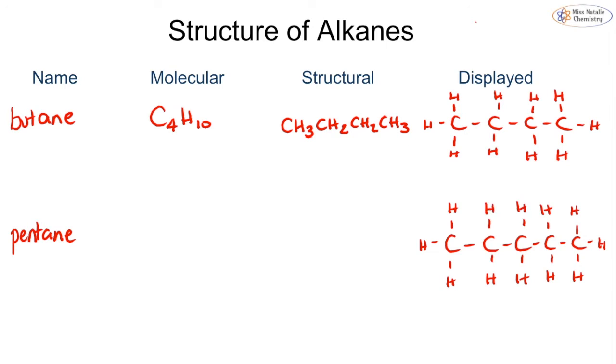I then break it down for my structural, so I start with CH3 and then I'm going to add in that extra CH2. So I should have 3 CH2s and then finishing with the CH3 at either end. And again, lastly, the molecular formula is C5H12 in order to count them.